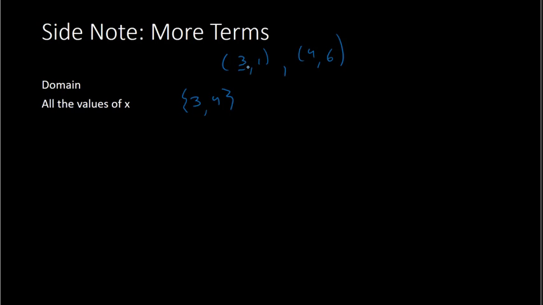So like 3 is an abscissa, 4 is an abscissa, but put it together with all the x values, that is called the domain, which in this case would be 3 and 4. We also have the range, which are all the values for y. So here 1 and 6, for example, would be your range, because those are all your y values.